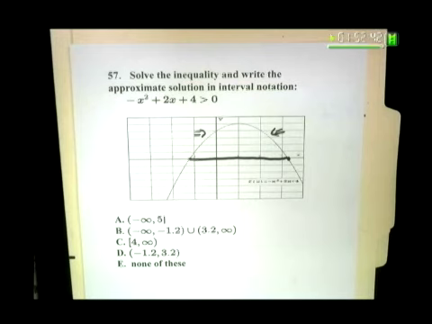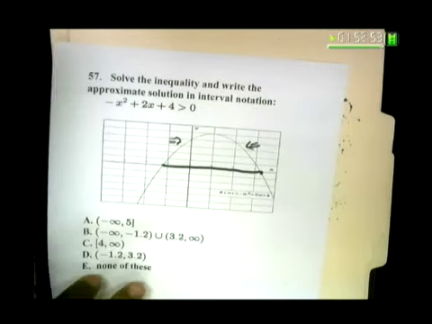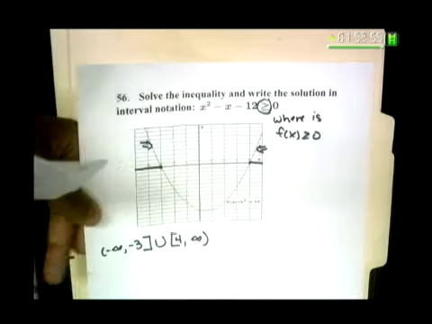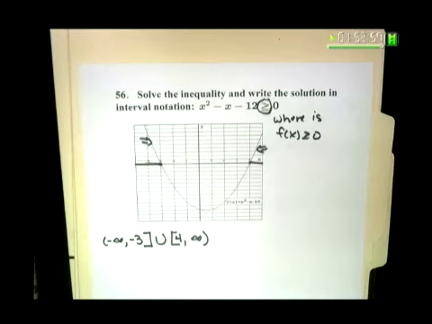The reason I was looking at everything outside on that one was not because the question changed so much, since we're still looking for where the graph is positive, or greater than or equal to 0. What's different about this one and the one that we just did, or the next one, is that this is a parabola that opens up.